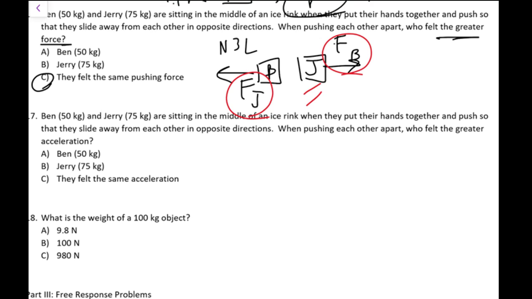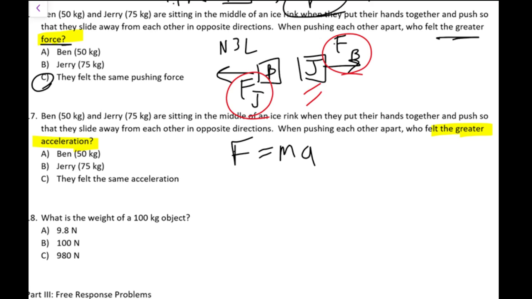Okay. Now, same idea in question 17, but now it says when they slide away from each other in opposite directions, who felt the greater acceleration? So now it's talking about the acceleration, not force. So when we're talking about acceleration, whoever is more massive is going to feel less acceleration. Here we're looking at Newton's second law, F equals ma.